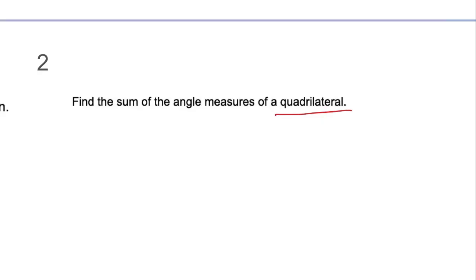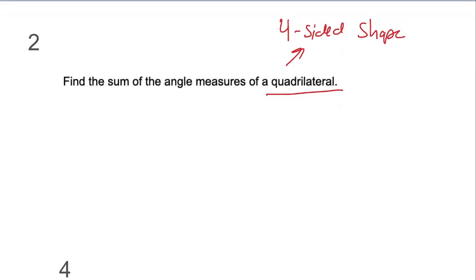Yes, it can be a square, a rectangle, a kite, or a rhombus. It is a four-sided shape. Very good. So n is equal to 4.